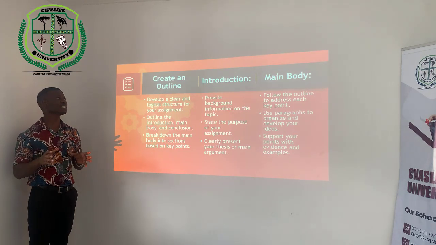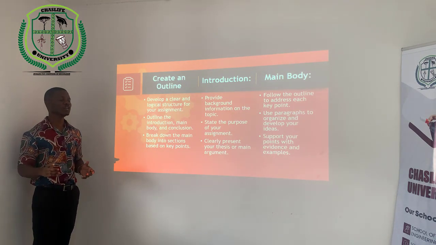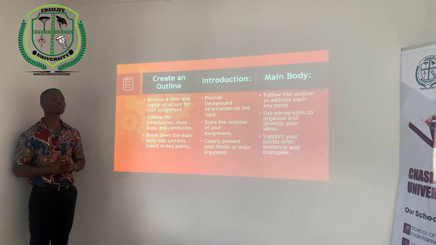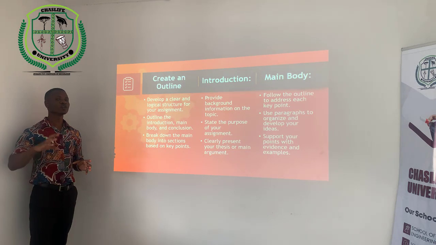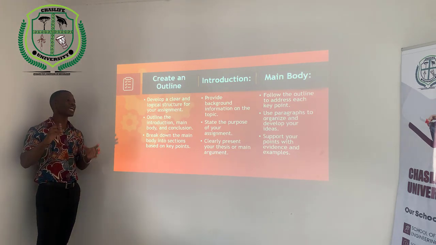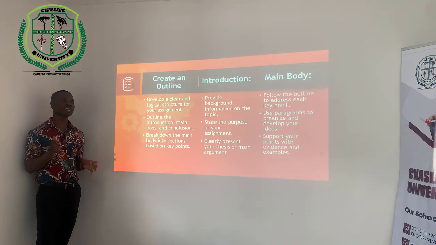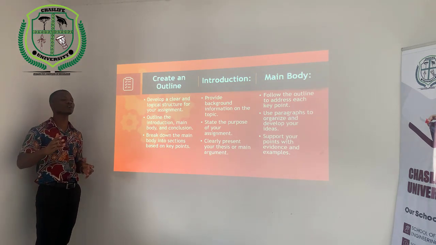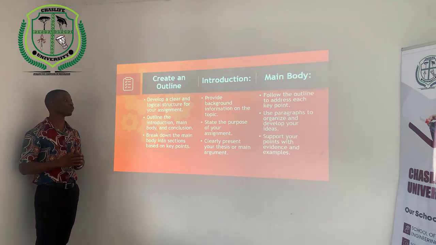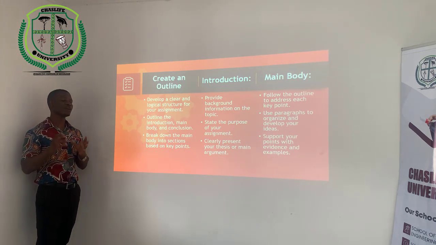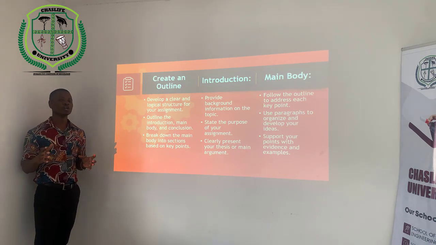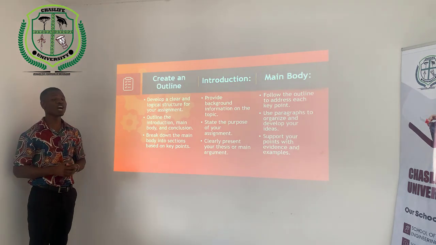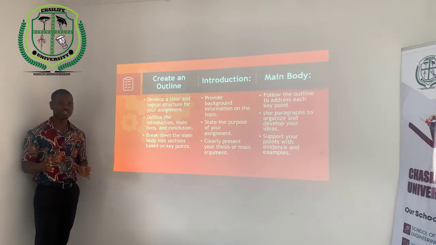What is needed under create an outline is to develop a clear logical structure for your assignment. You should create a roadmap before you start working on your assignment. Outline the introduction, the main body, and the conclusion.